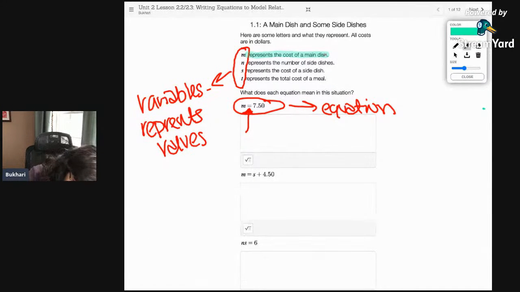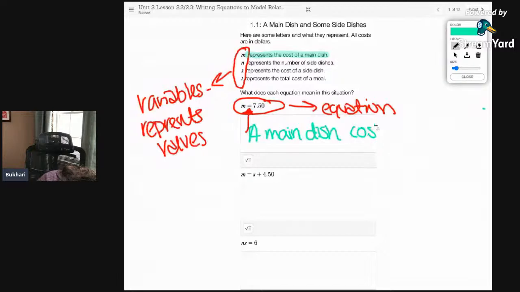And so I know that if M represents the cost of the main dish and M equals 7.50, I know that a main dish costs $7.50.